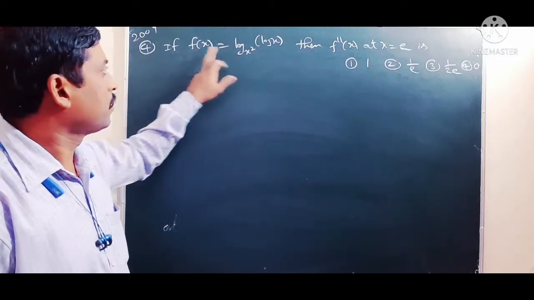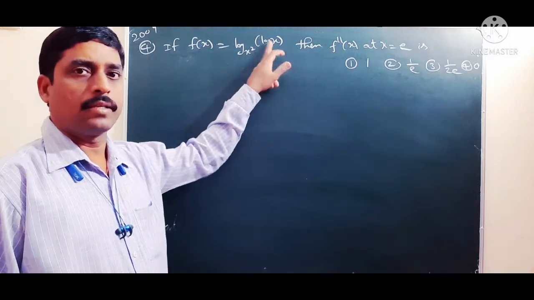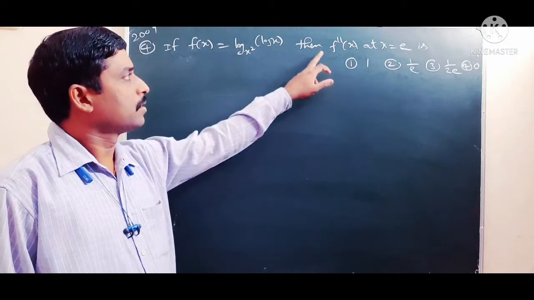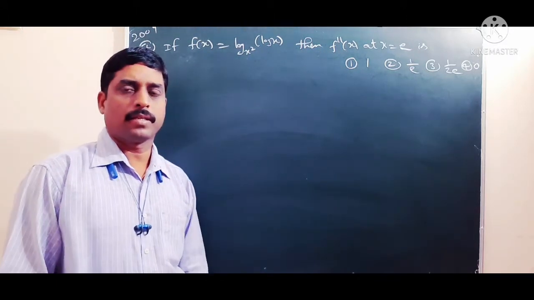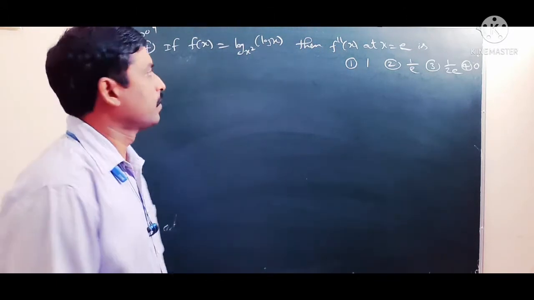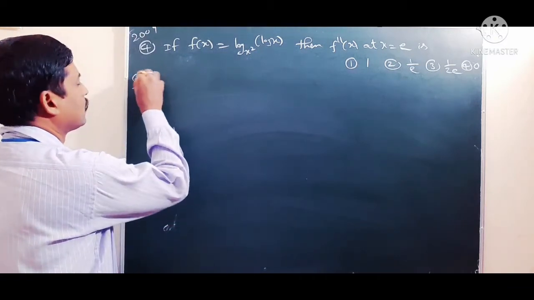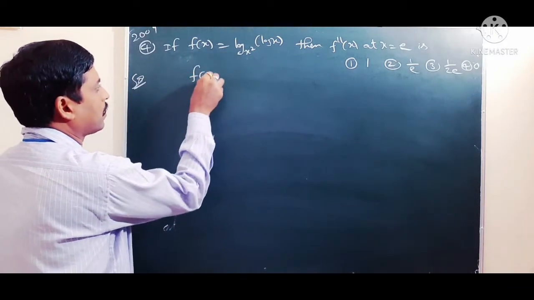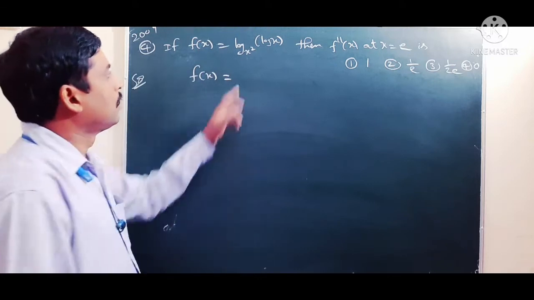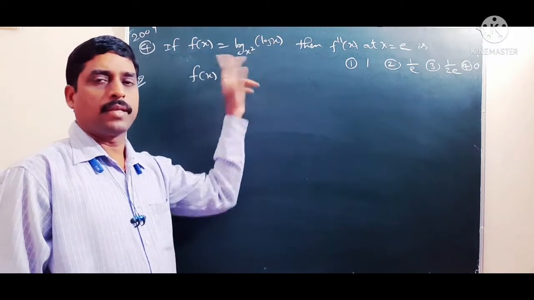f of x equal to log of log x base x square. Then we have to find f double dash x at x equal to e. Okay, now f of x equal to log of log x base x square.